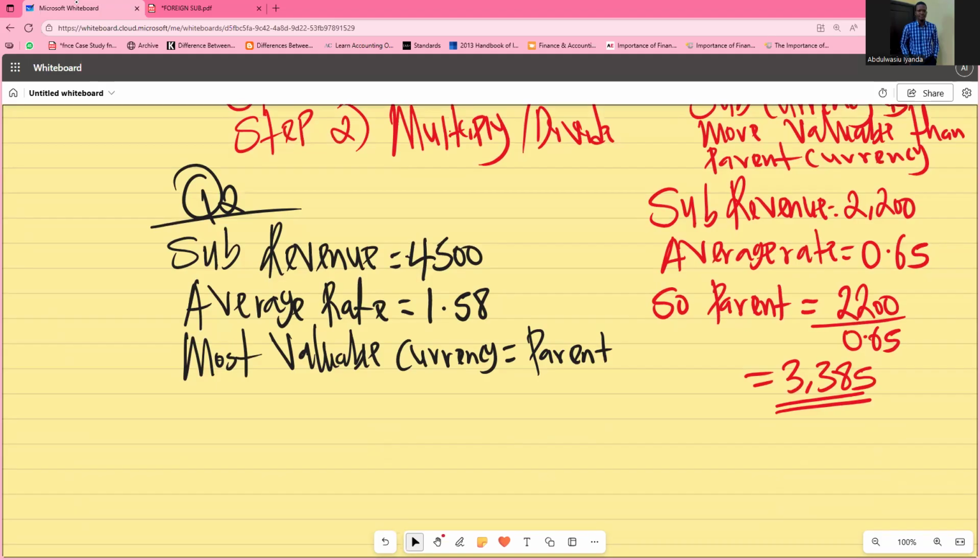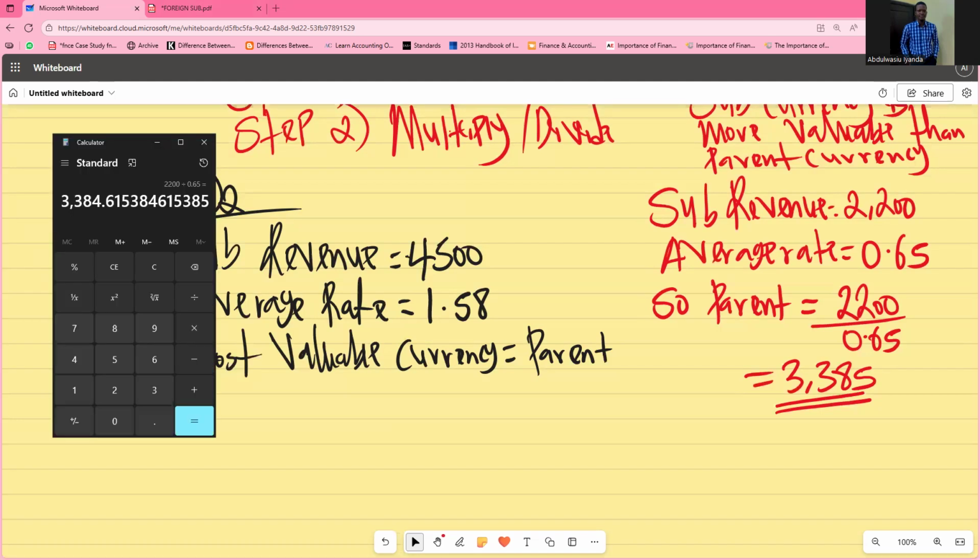If the subsidiary says my revenue is 4.5 in Naira, by the time you convert it to dollar, it will be less than $4,500, since the parent currency is more valuable. So by the time you convert this 4.5 to dollar, it will be lower.